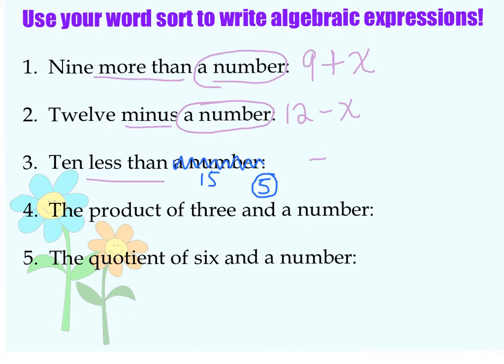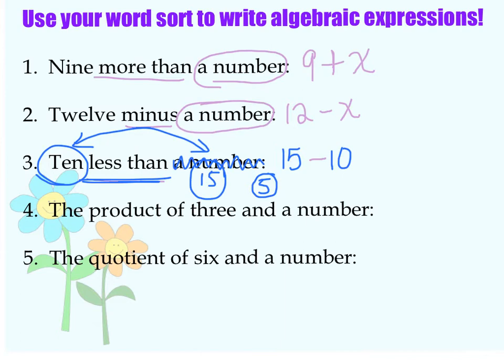Well, how do you get 5? Do you do 10 minus 15 or 15 minus 10? In this case, it's 15 minus 10. So it's kind of like switched around the order. So whenever you see the words less than, you want to do the old switcheroo.